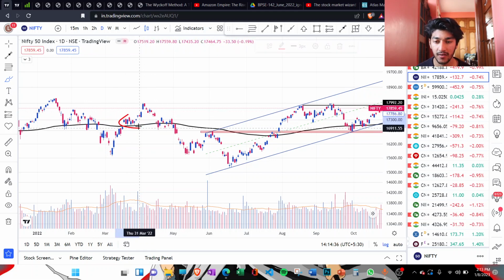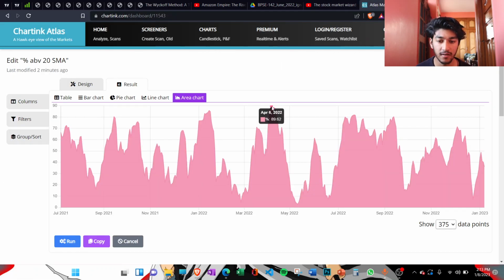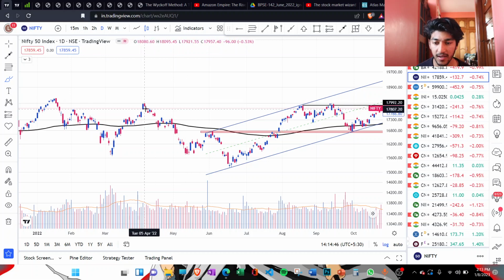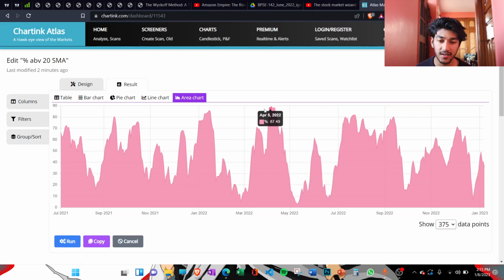Let me mark it for you. During this region, a small consolidation in the index, and if you see, it topped around April 6th. This was the candle of April 6th. So the index also topped at that time. It was kind of giving you an indication that the correction is due.